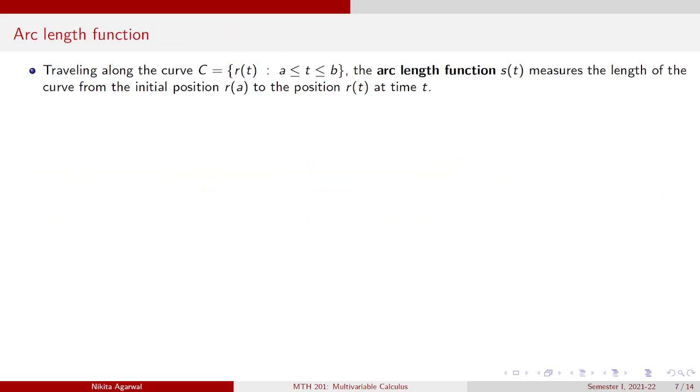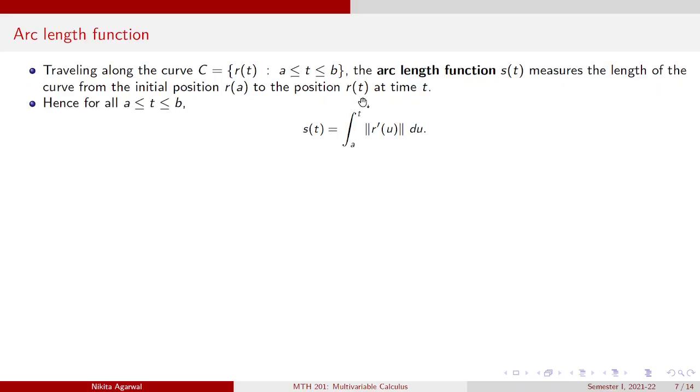Now that we have defined arc length, we will define the arc length function. If you imagine that this curve is telling you how a particle is moving, then as you travel along the curve C, the arc length function s(t) measures the length of the curve from the initial position to the position at time t, which is given by r(t).